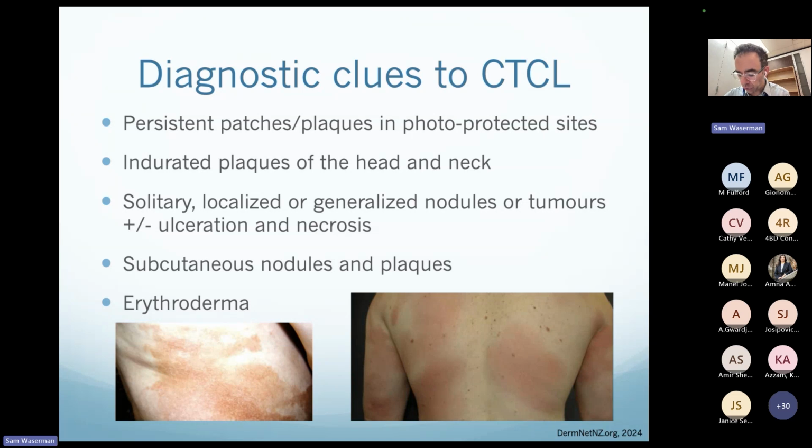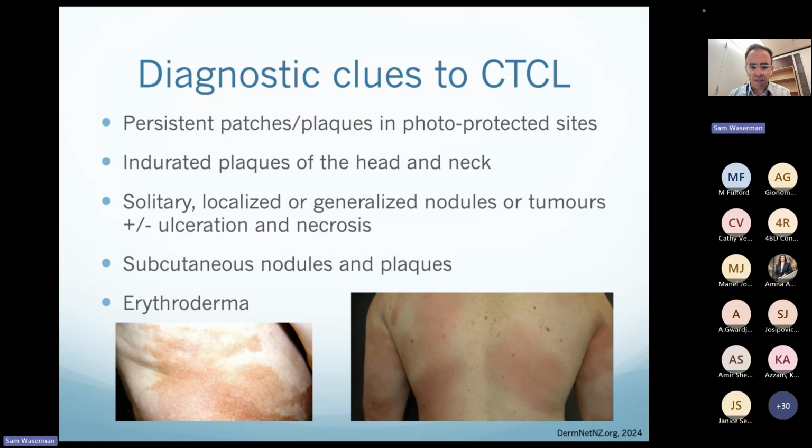So diagnostic clues to CTCL. Now, this is important because oftentimes this can look very much like other conditions. I know this is not erythroderma, but I wanted to segue to this as well.